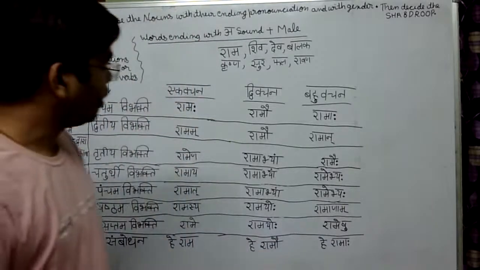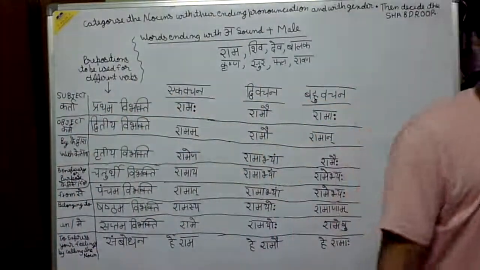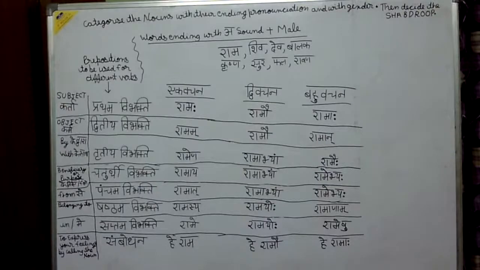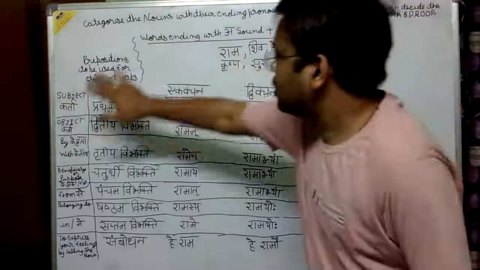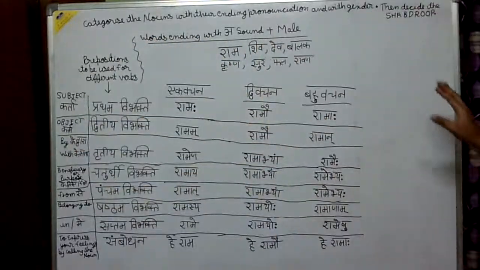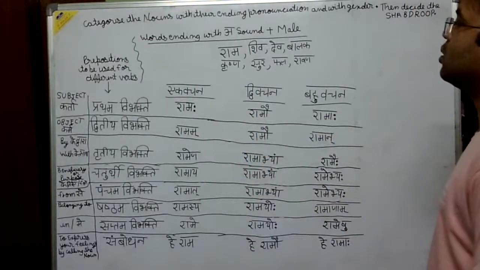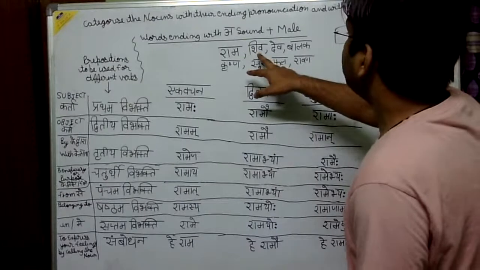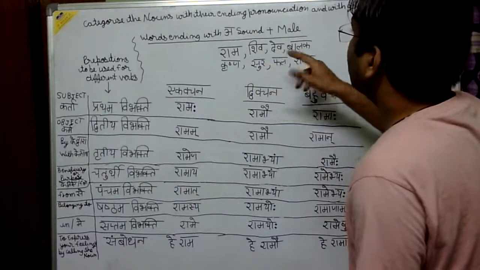So this all we learned, but yesterday I told that as you have made the Shabd Rupas of Ram, you can also make the Shabd Rupas of Shiv, Dev, Balak. Why?